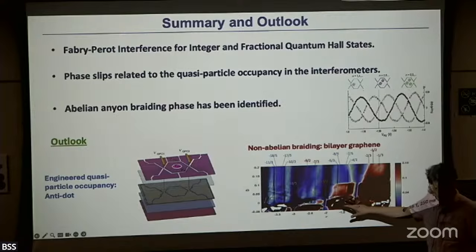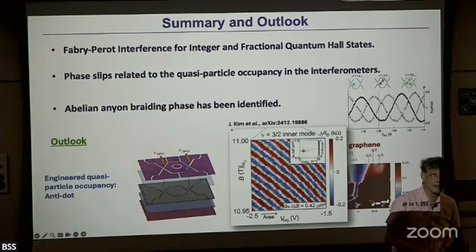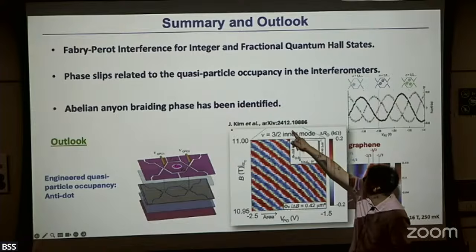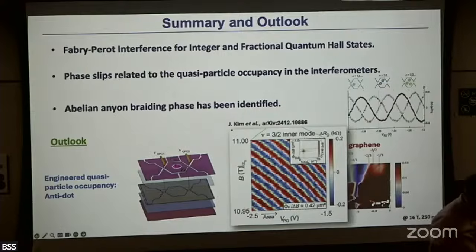By the way, this is not just a plan. Indeed, Yuval Ronen's group posted a paper a few weeks ago, about 2 months ago, I guess. Actually, no, it was already 5 months ago, just before Christmas. It ruined my Christmas mood. But they actually beautifully demonstrated the same interferometer working at even denominator states. So it's there now, right?